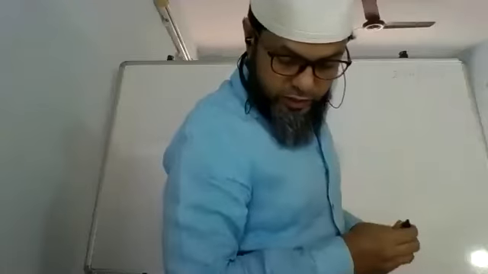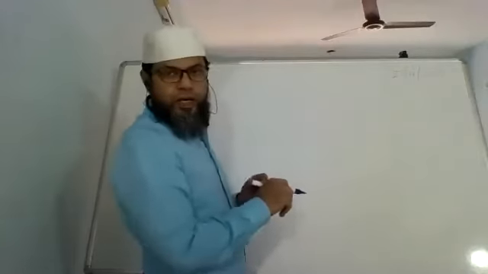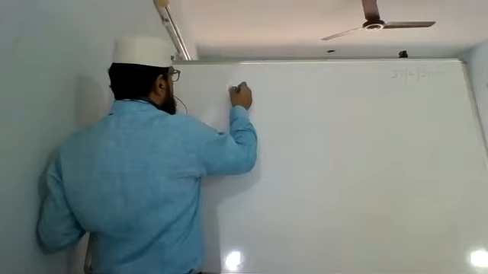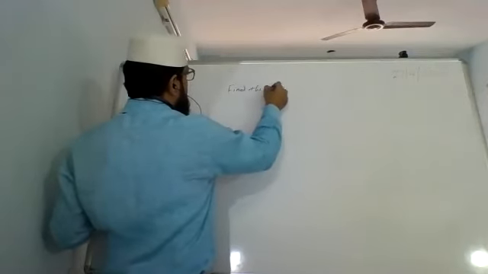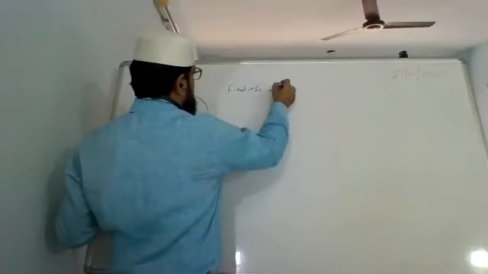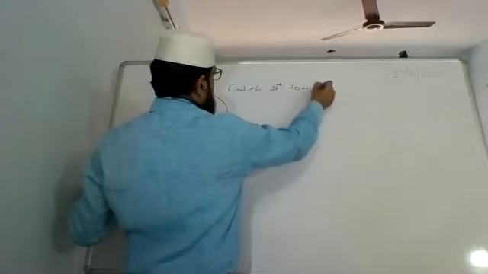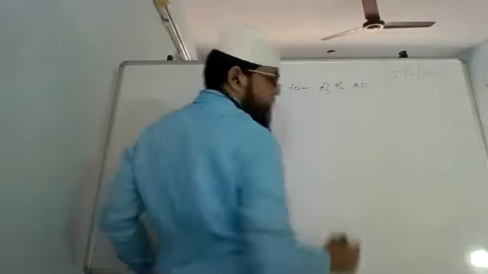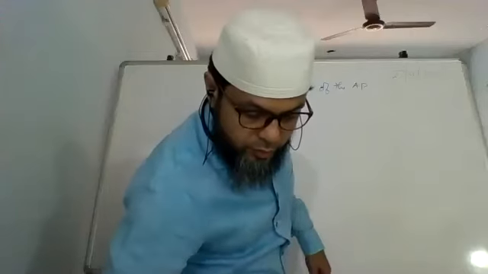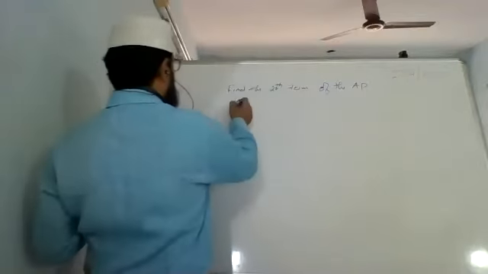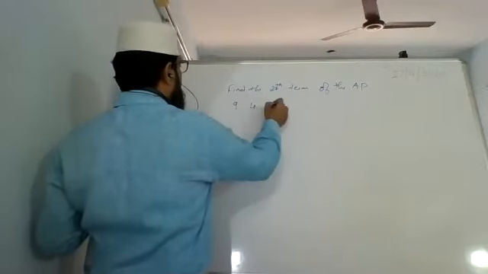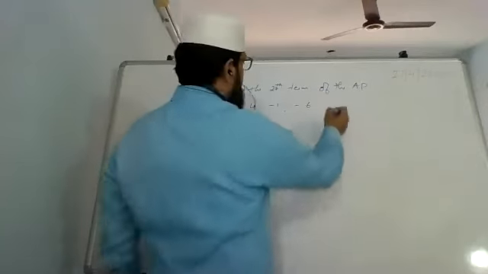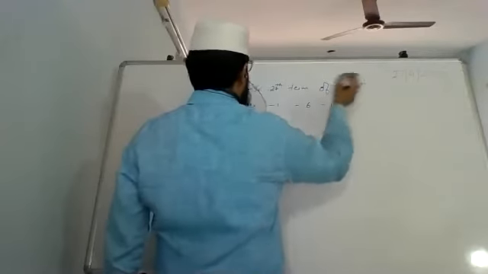So Arman says, find the 27th term of the AP 9, 4, minus 1, minus 6, minus 11, and so on.